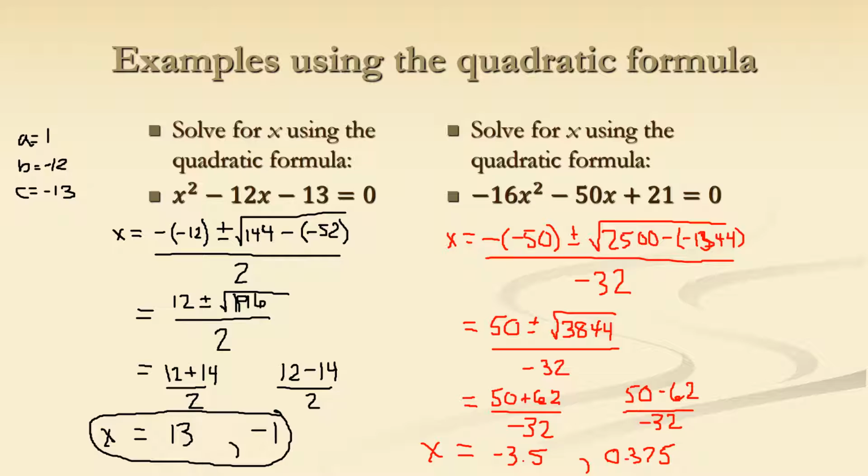If you left it in fraction form, what you've done is you got negative 3.5 and 3/8 for the other side. But these are acceptable answers. A lot of work to do if you don't remember your factoring.